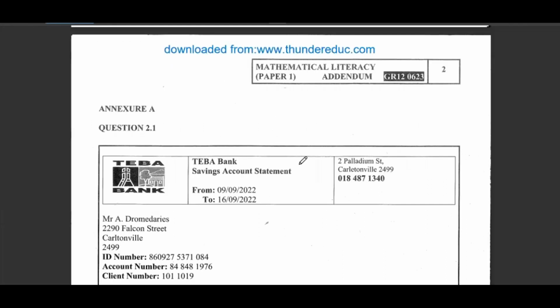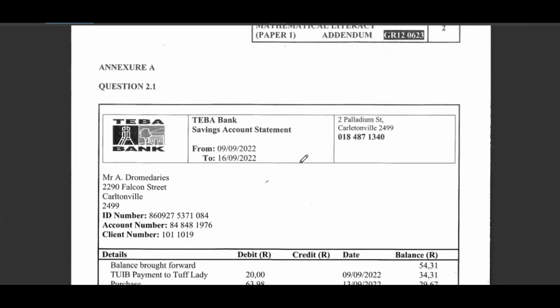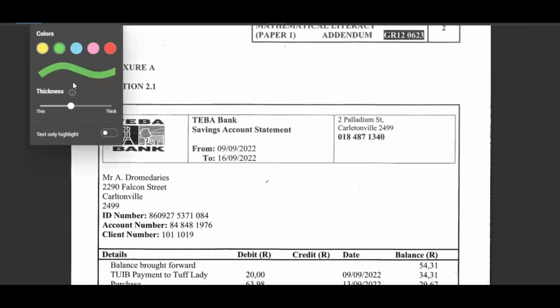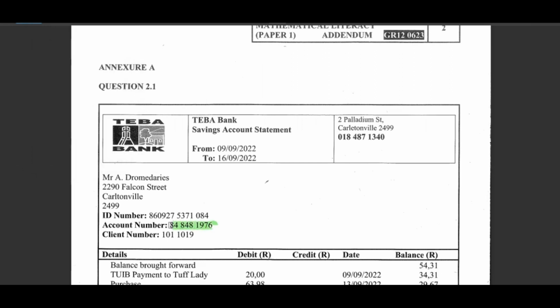We are looking for the account number. Here we go, the account number is here. The name of the client is this much.